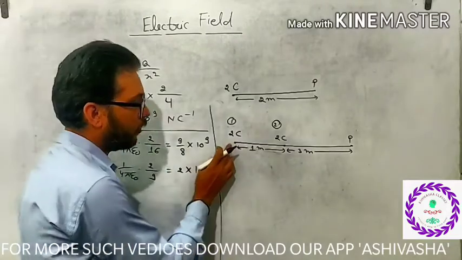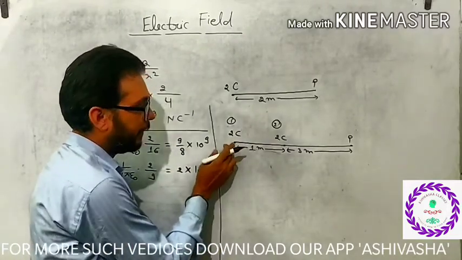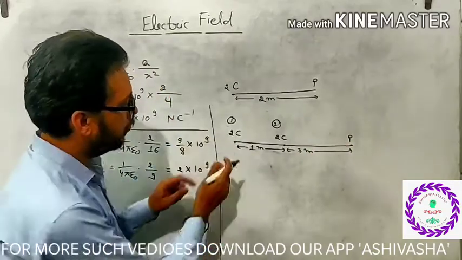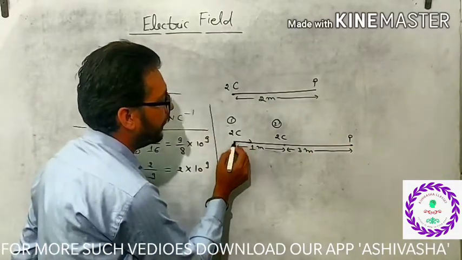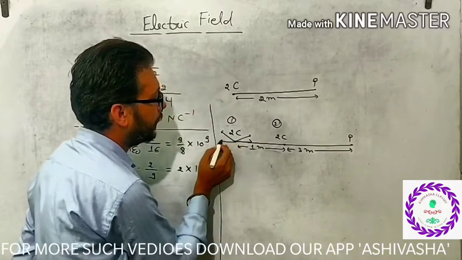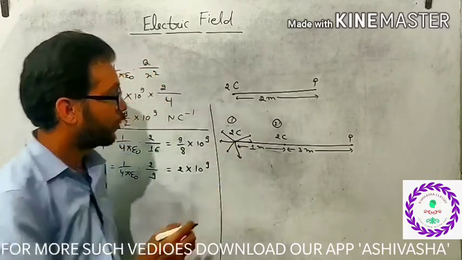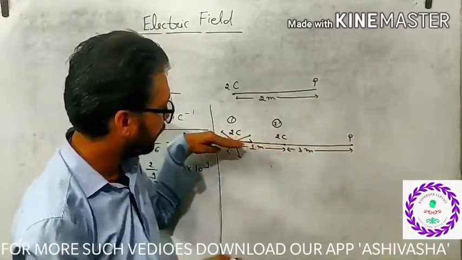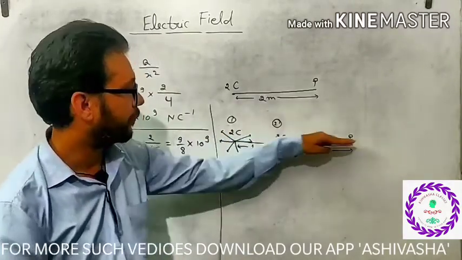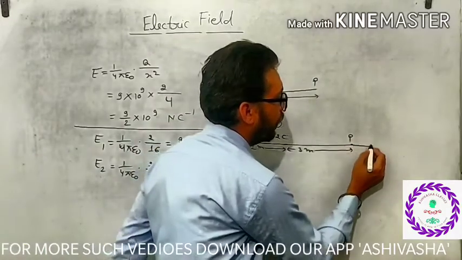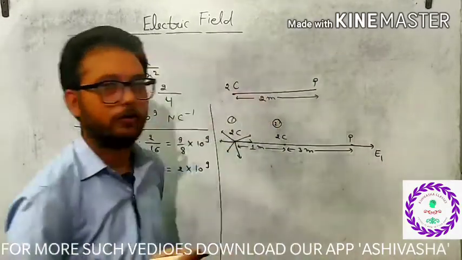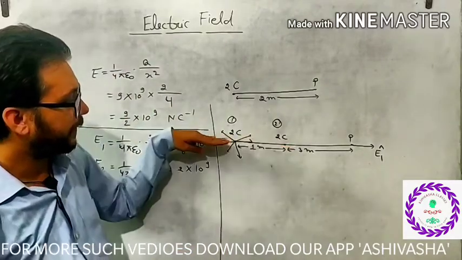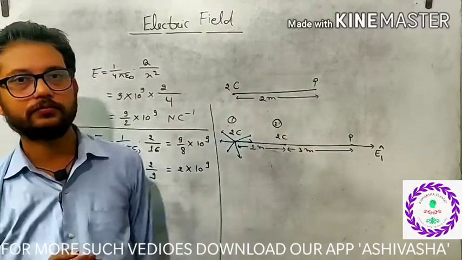So for this charge, the electric field comes out, out means like this way. So for the point, the outward direction will be like this way. So the direction of electric field E1 will be this. You can see in the figure.